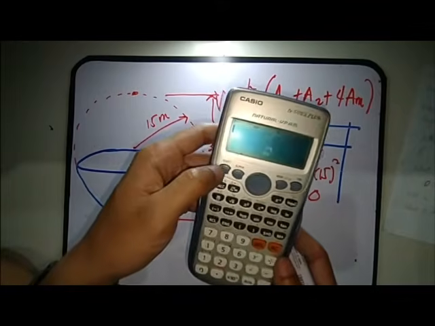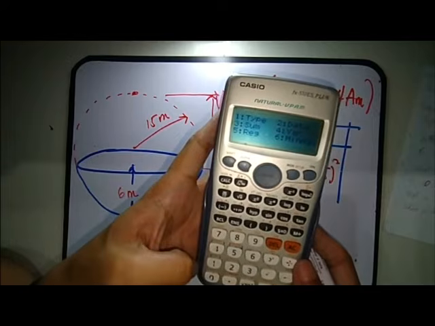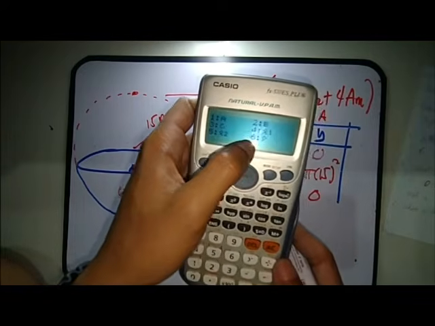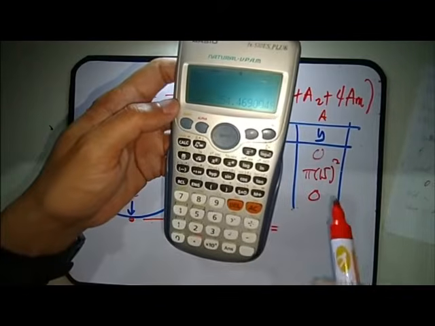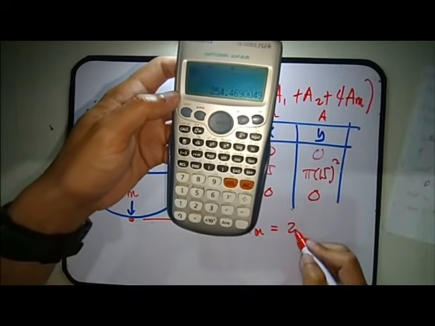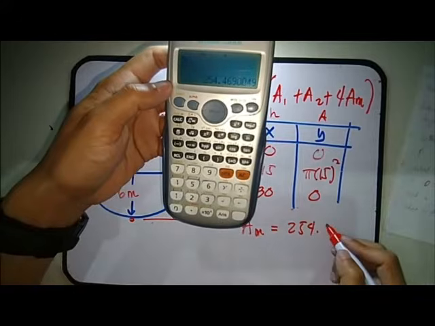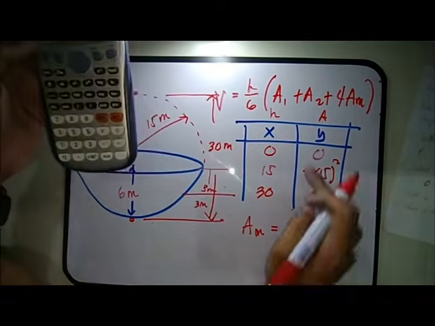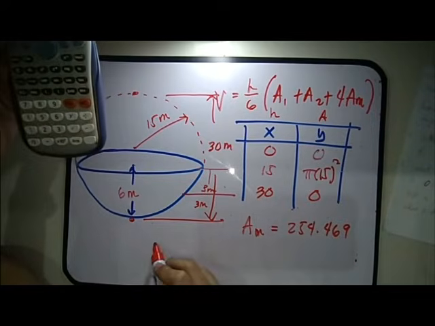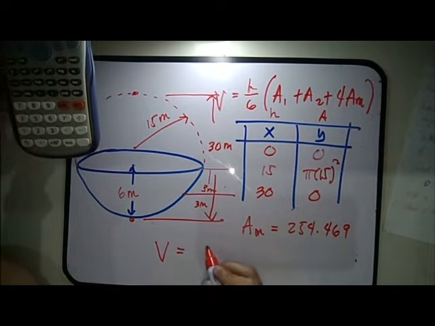So, punta na tayo sa shift, stat, 1. So, regression. Then, 6. So, 3. At height 3, your area will be 254.469. So, pwede natin gamitin yung formula. So, volume equals, we have h.